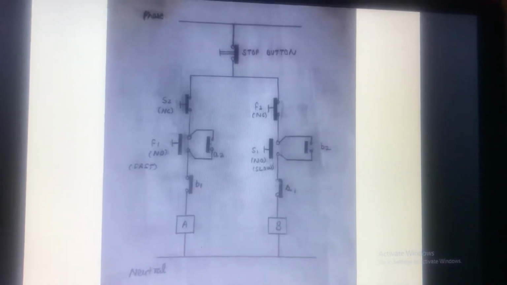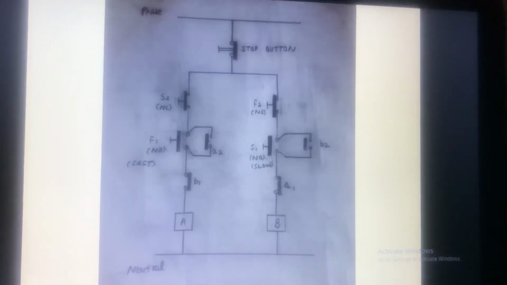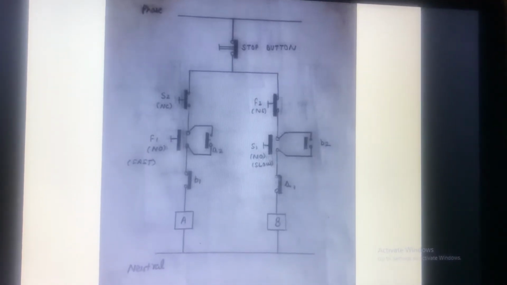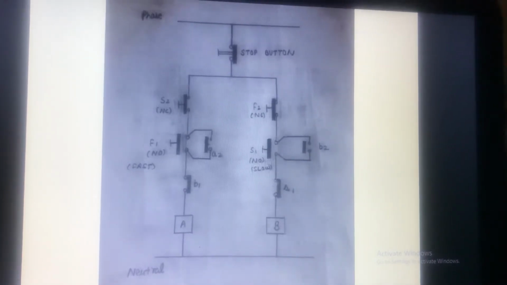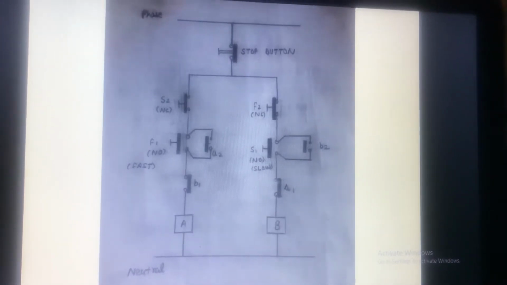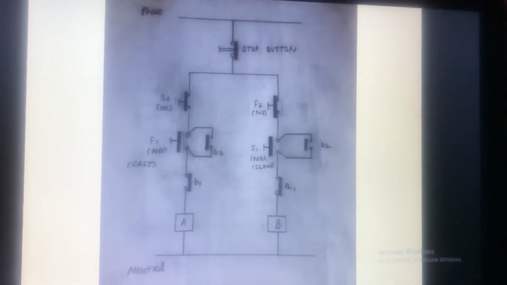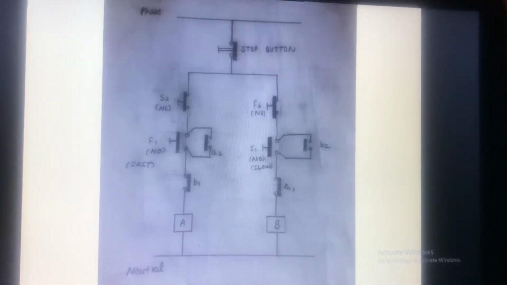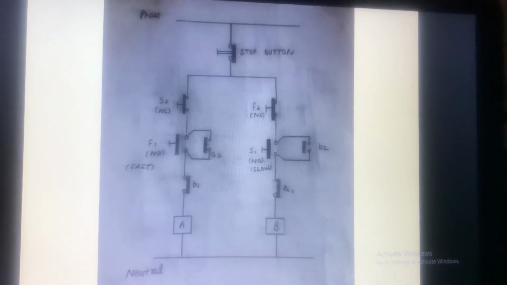By the closing of auxiliary contact A2, contactor A will now be supplied through stop button S2, A2, B1 and A. By energizing contactor A, the stator winding having the lower number of poles will come into the picture, and the three-phase induction motor will run fast.